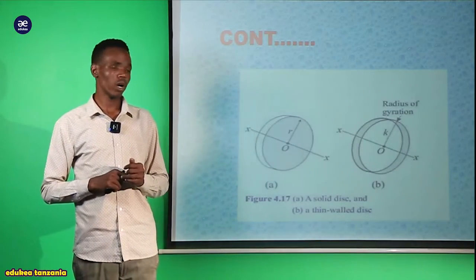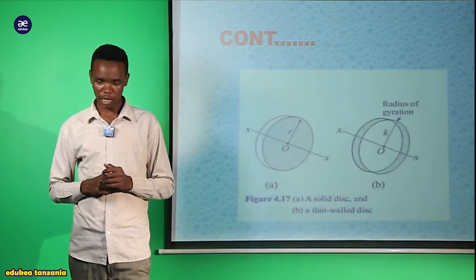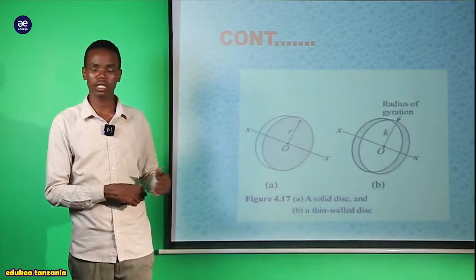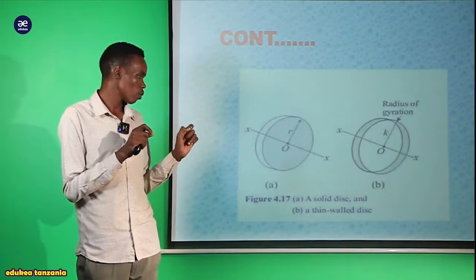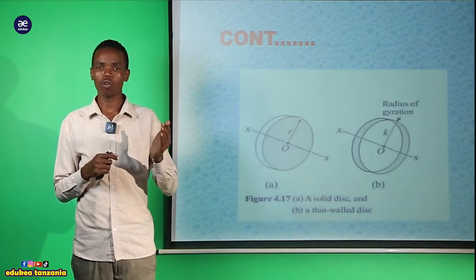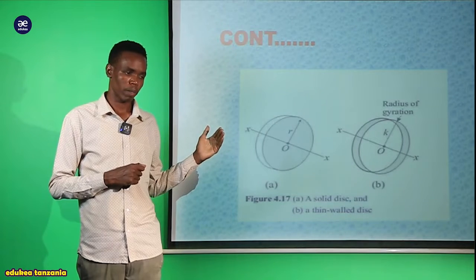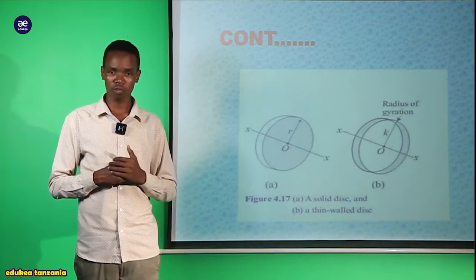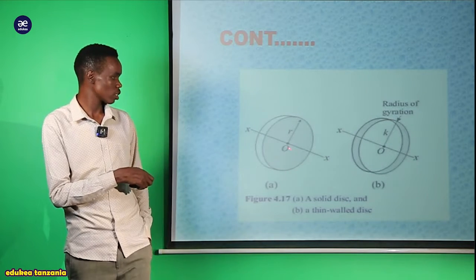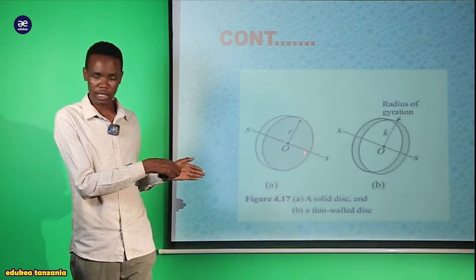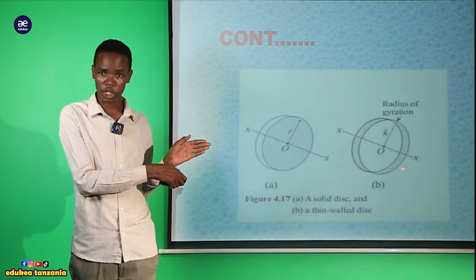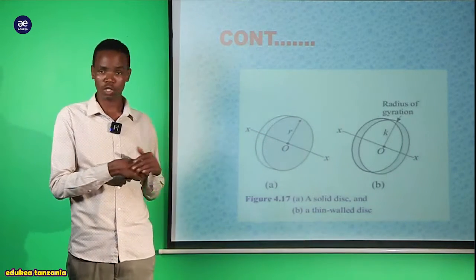As we try to observe our figure here, it is trying to represent the solid disk and also the Syneward disk. This is trying to give us the concept of the radius of gyration. As we see initially, my dear students, we have our disk, and this disk has a diameter and an axis of rotation passing through the center.